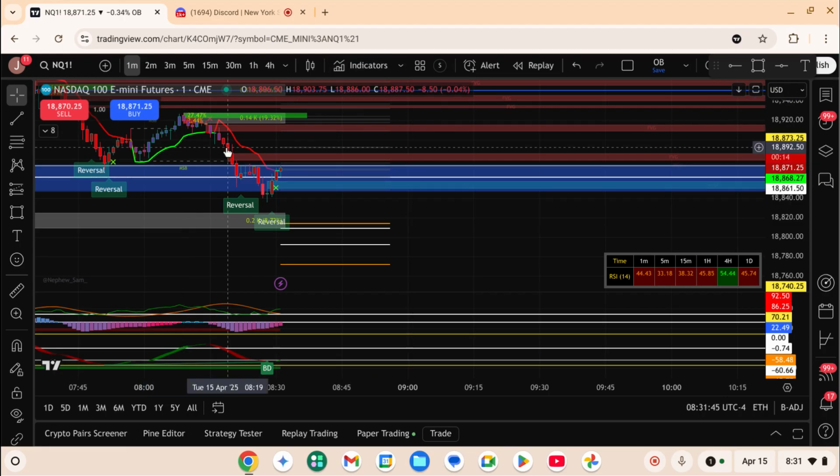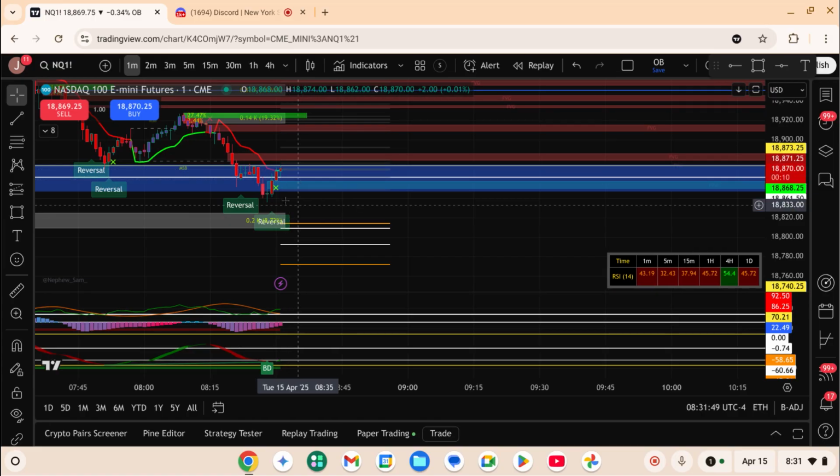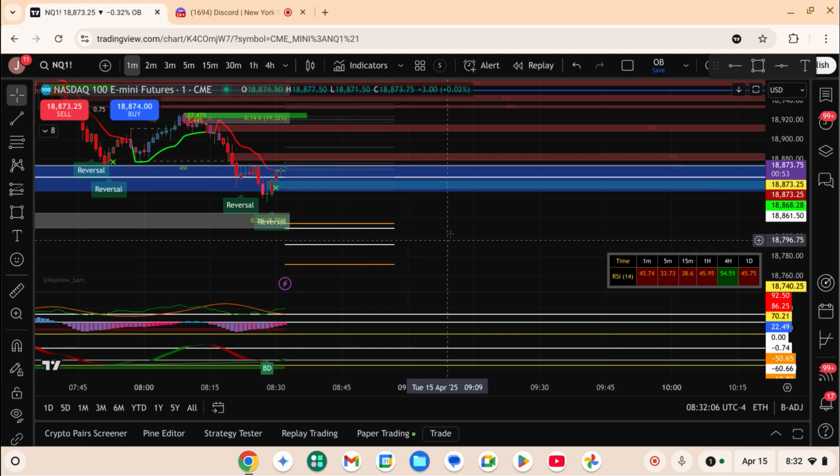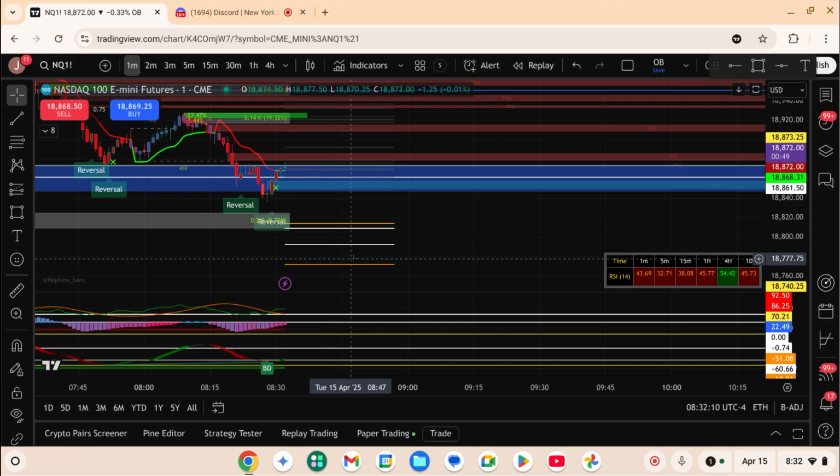So if we break outside of this box at the top with the bullish pattern where we usually see the purple candles, we'll take a buy from there. This is still that half hour order block right here. So if this candle closes bullish, we'll enter in on the next one.